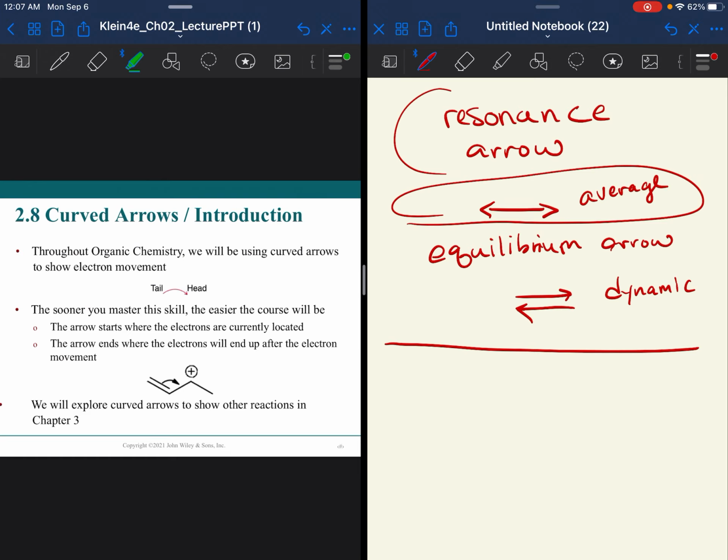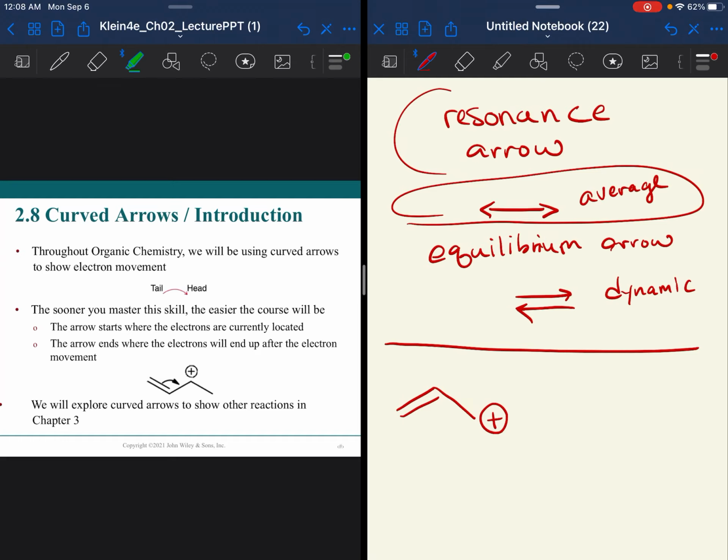All right, now this is a very important topic, the curved arrow. When we use it in chapter 2, it is simply a tool to get from one resonance structure to the next. So in the example we've been using, to get from one structure to the next, we can use a curved arrow.